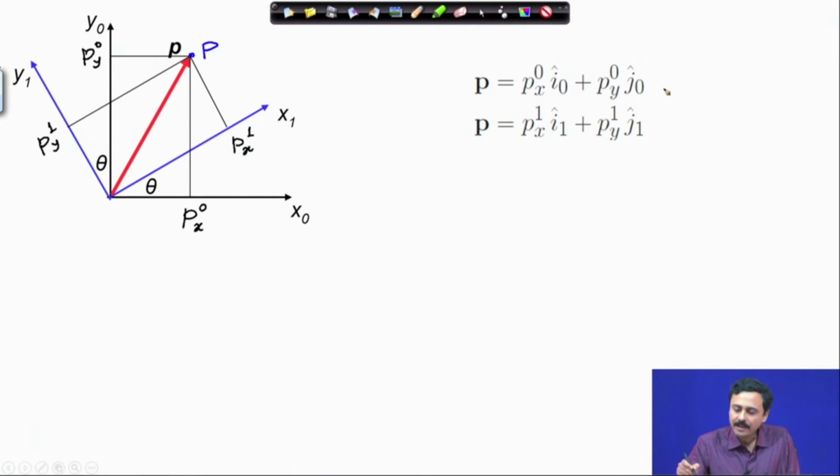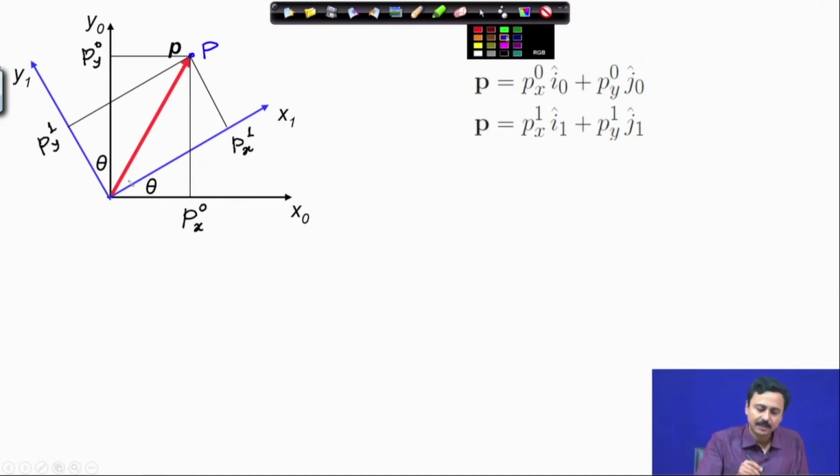Therefore, I have these two representations of the vector p. Remember that it is the same vector p, which is the position vector of point P, capital P.